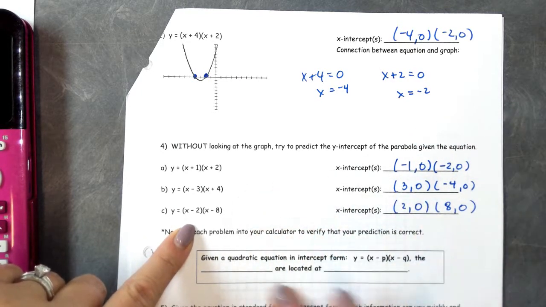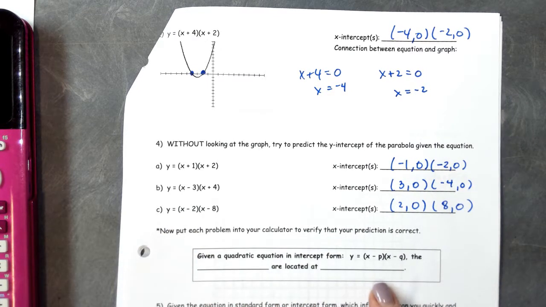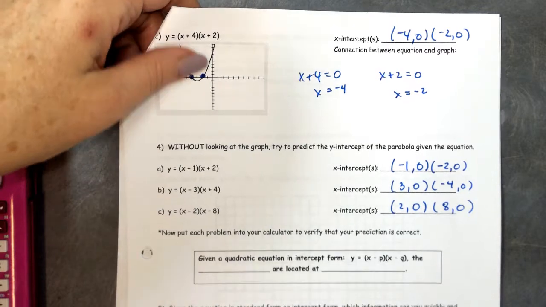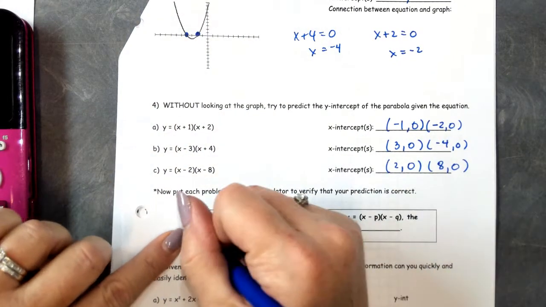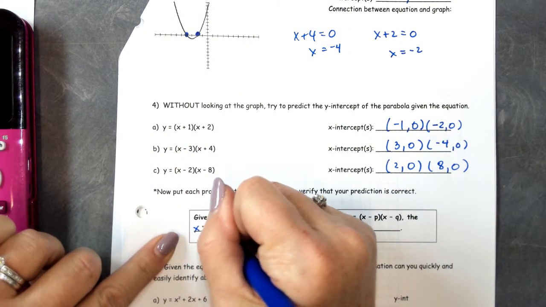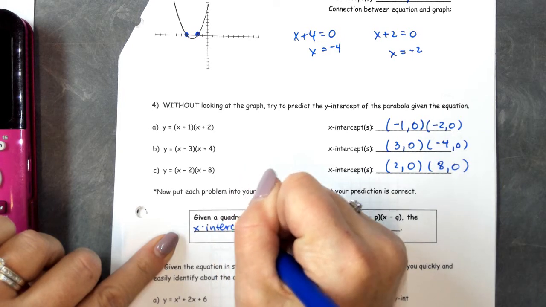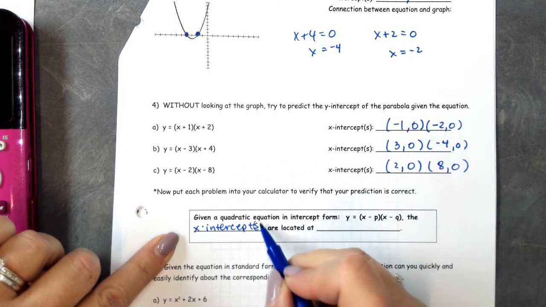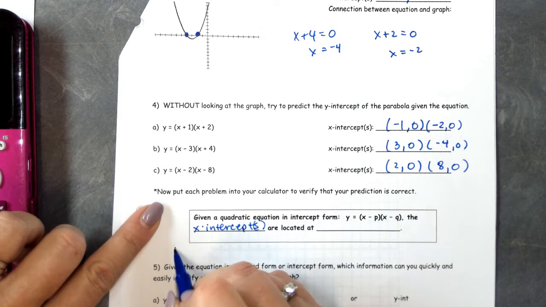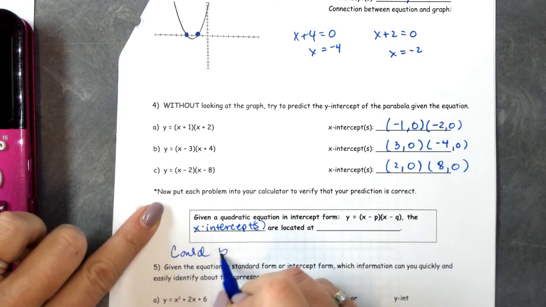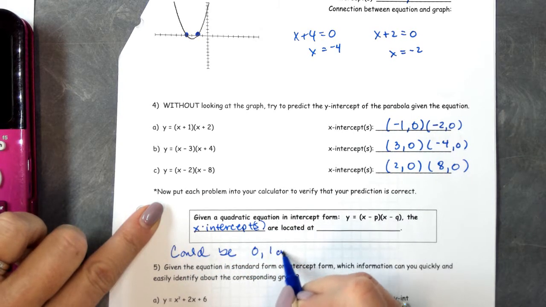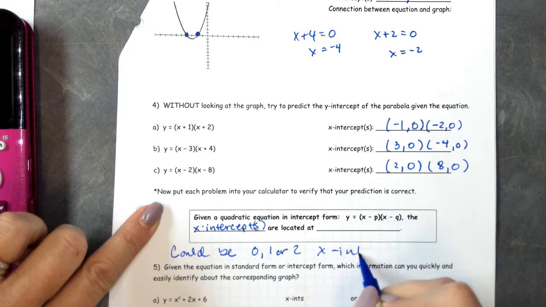Anytime you want to pause the video and try it yourself, you should. But given a quadratic in intercept form, the x-intercepts, now I'll put this in parentheses because there could be 0, 1, or 2 x-intercepts.